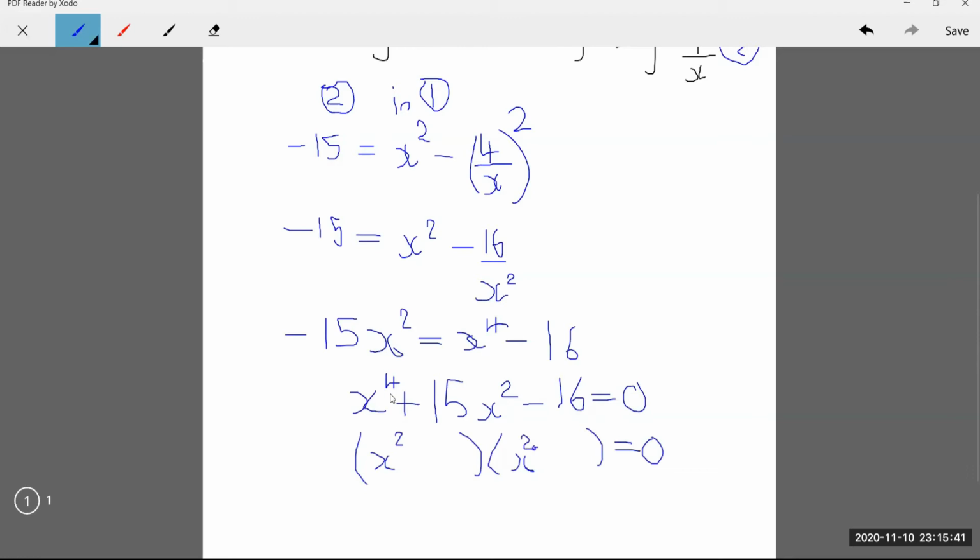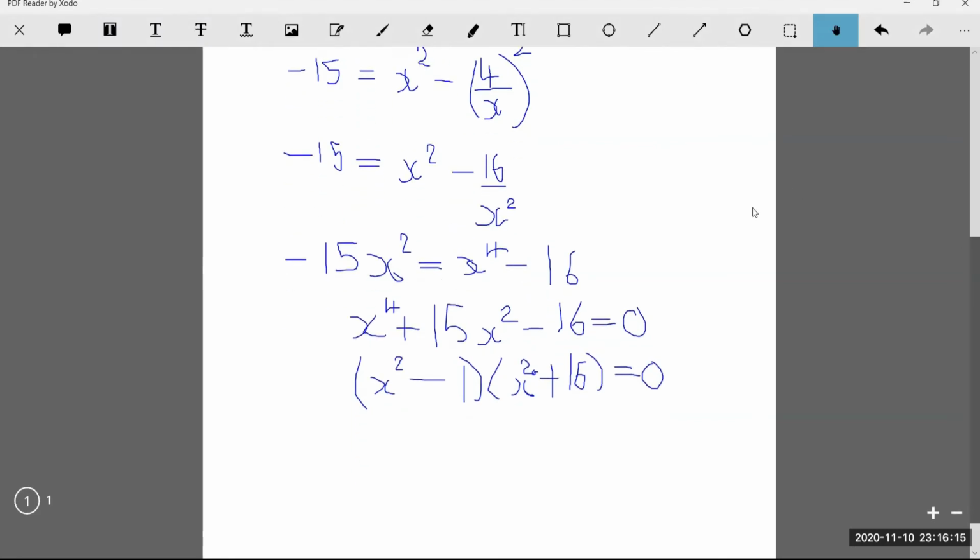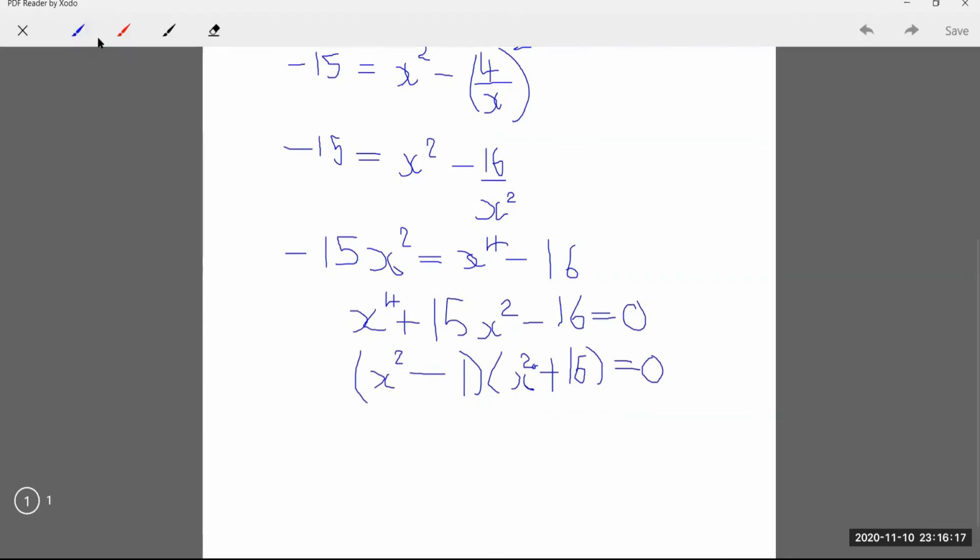To get 16, the only way in this case is if we put 16 and 1. Because it's plus 15 right here, we're going to put a plus right here and a minus right here. All right, x squared minus 1 times x squared plus 16. So that's what we get now.